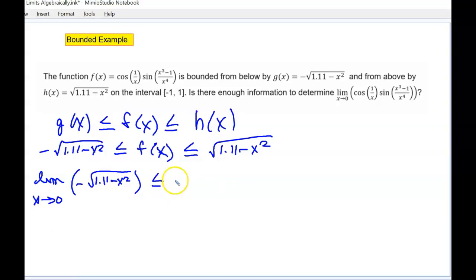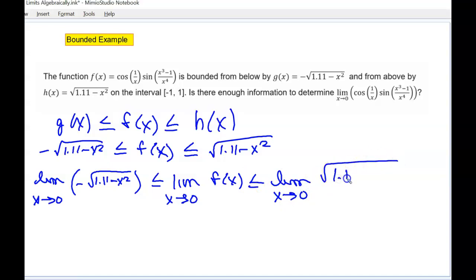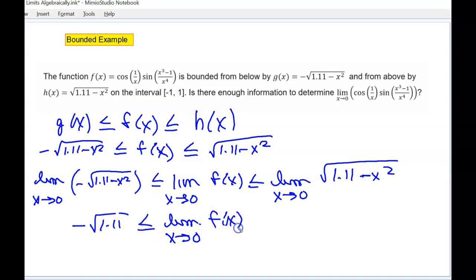So this is less than or equal to the limit as x approaches 0 of f of x, which will be less than or equal to the limit as x approaches 0 of the square root of 1.11 minus x squared. Plugging a 0 into this left limit, I'm going to end up with negative root 1.11 is less than or equal to the limit as x approaches 0 of f of x, which is going to be less than or equal to the root of 1.11.